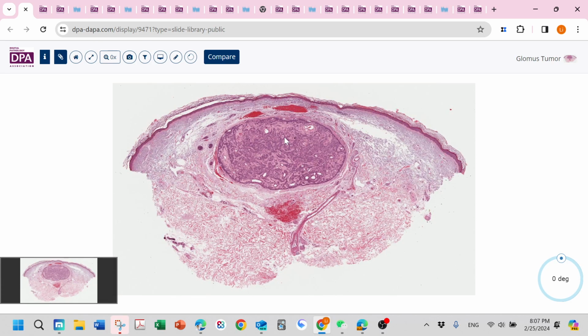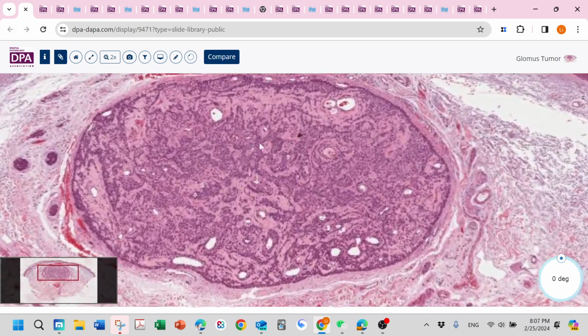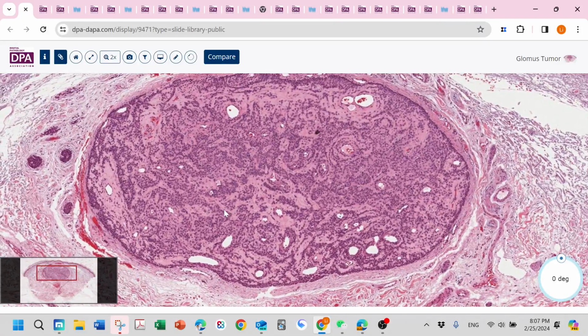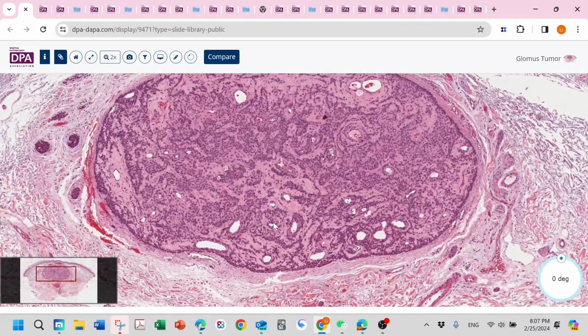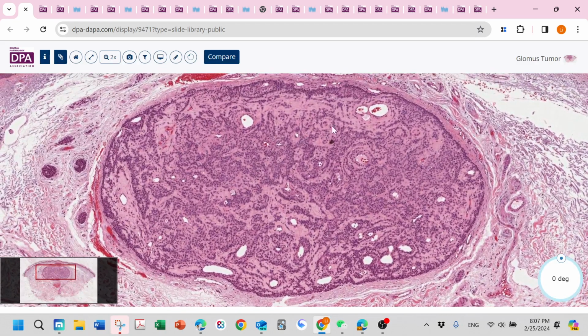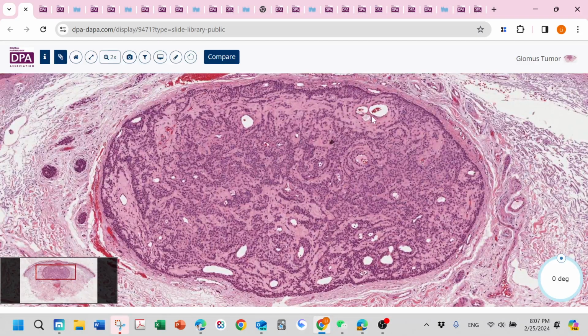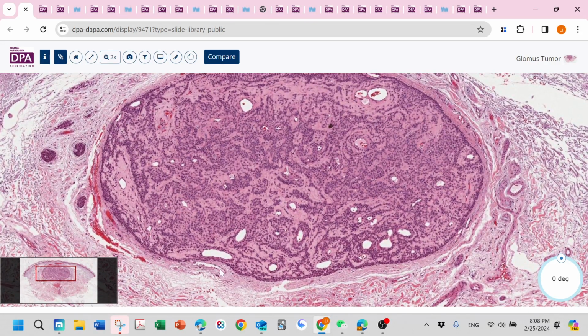Then let's zoom in a little bit. So we can see this bluish small cell, really monotonous, but they have a growth pattern where they always try to surround this blood vessel. Even when the vessel goes out of the lesion, these cells also hug the blood vessel endothelial cells.